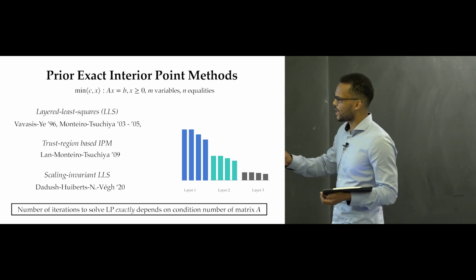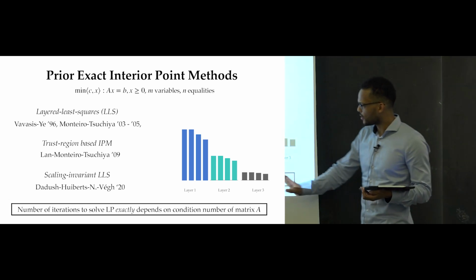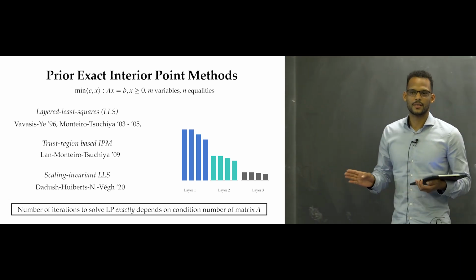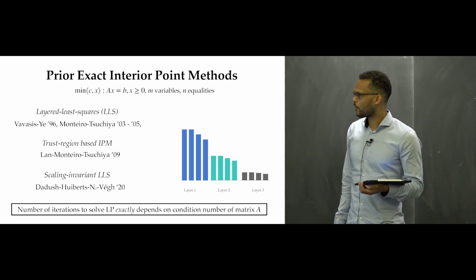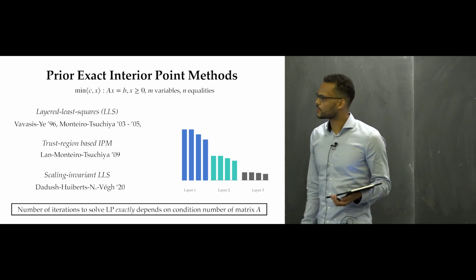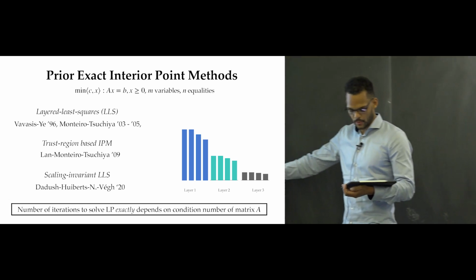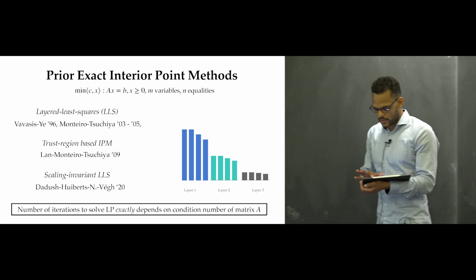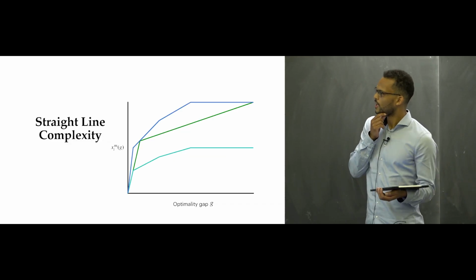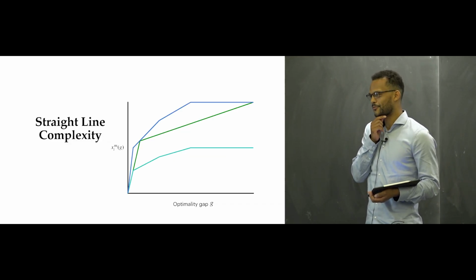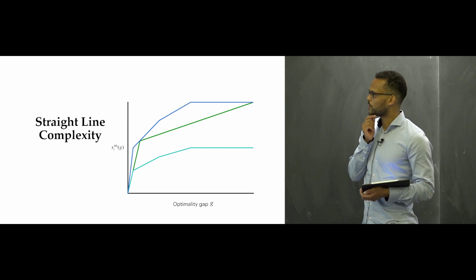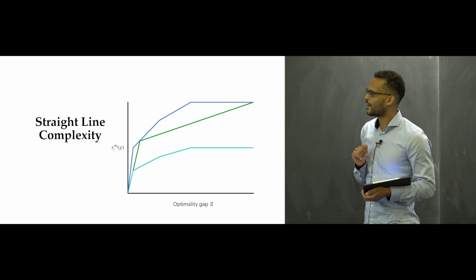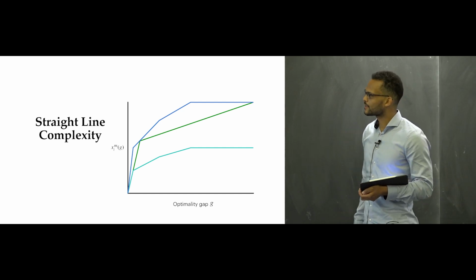All these algorithms would have some dependency on some condition number of your matrix, and this condition number can be arbitrarily large, even for our minimum cost generalized flow problems, so these algorithms don't lead us all the way. But then we designed 2 years ago an algorithm that has running time dependence on a different condition number, which we call straight line complexity, which I'm going to introduce next.